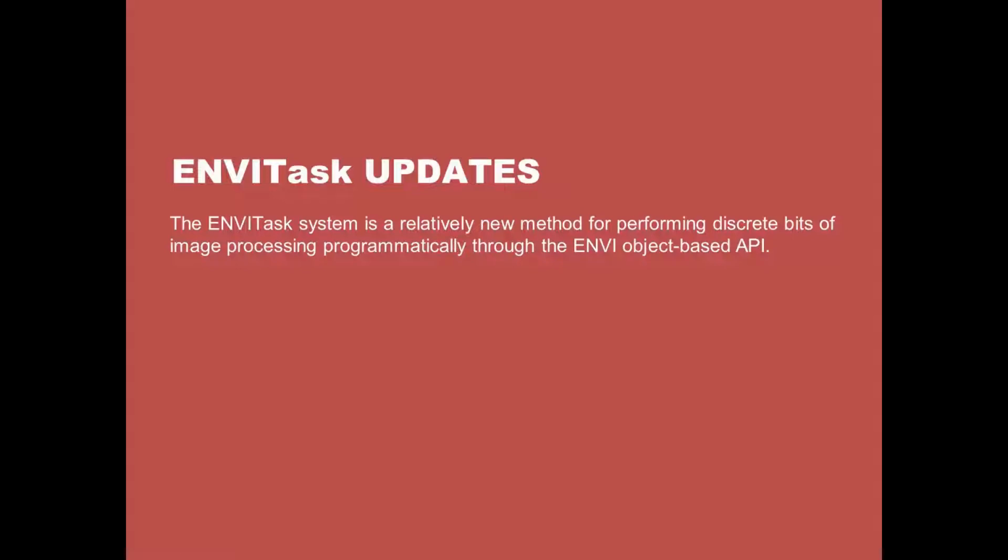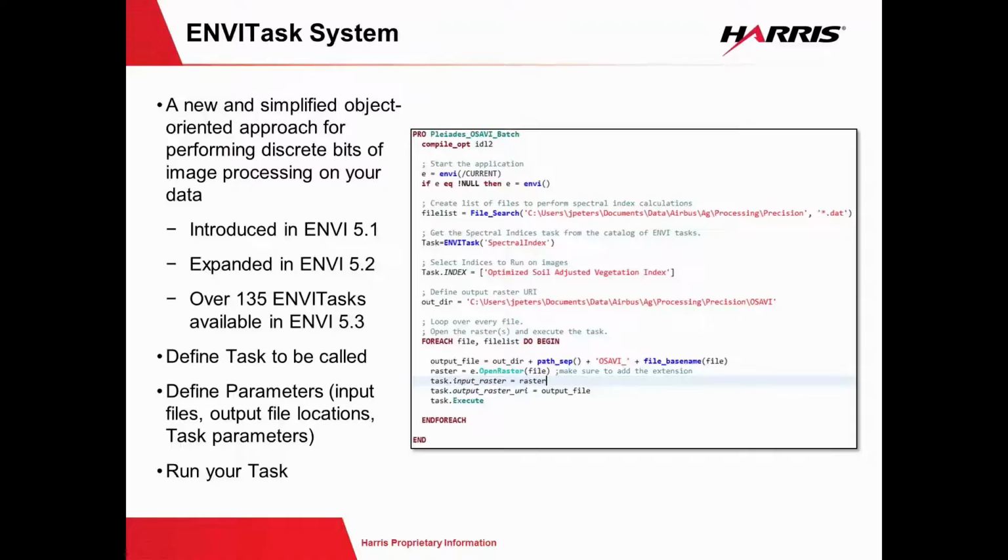So it's very simple. What's great about the ENVI task system is that it allows you to essentially take an image, pull it in, run some sort of processing on it, output that image either to a file or just output it into the next ENVI task.